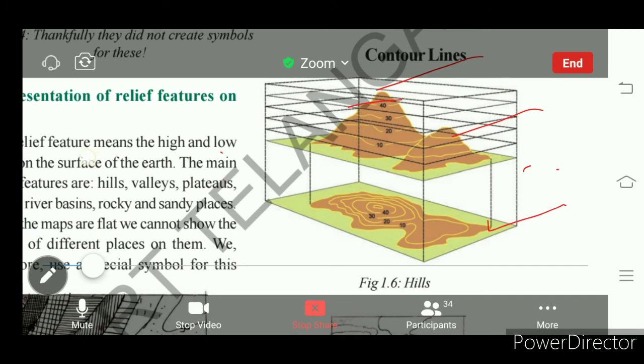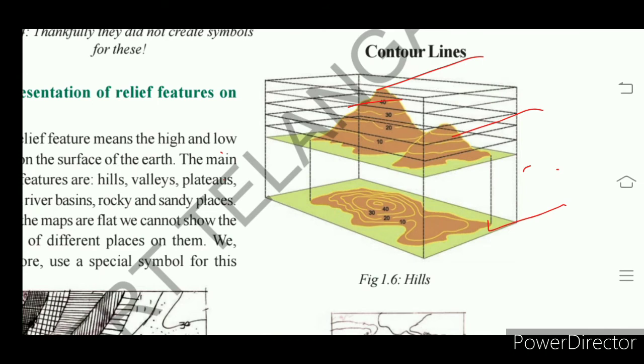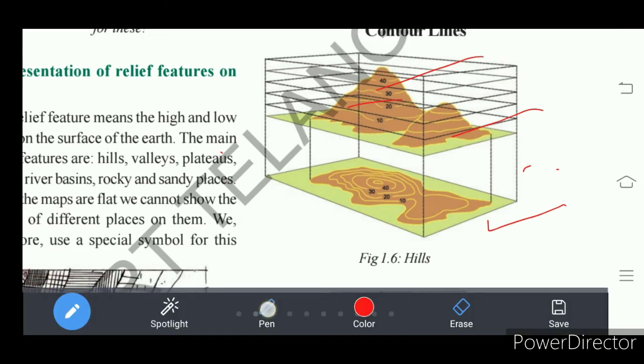Let me show here. I'm drawing here. Look here. This is one place, and here is another place. Here one more place. Okay, A, B, C. All these places are at equal height from the sea level. For example, these three places A, B, C are at equal height from the sea level.